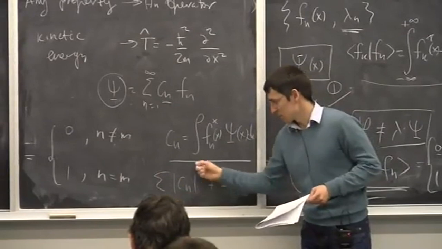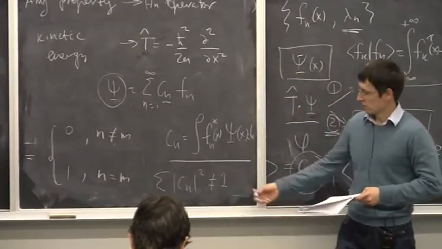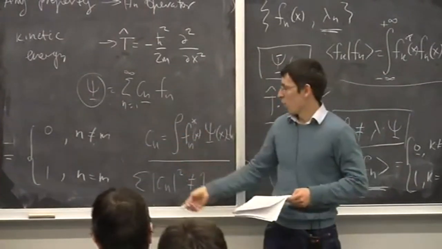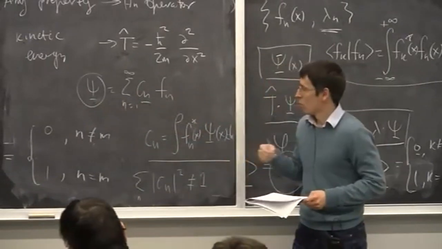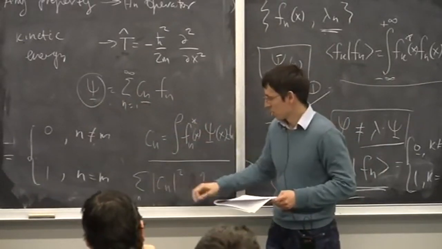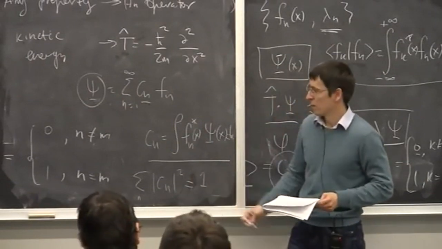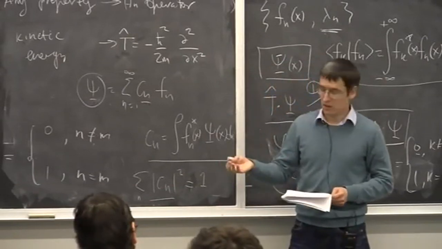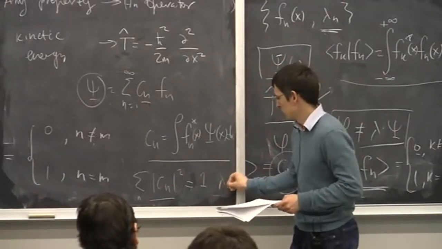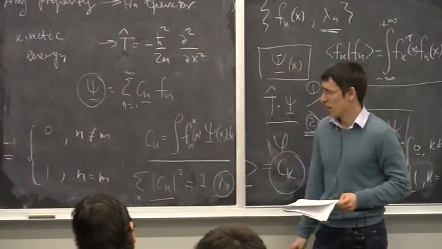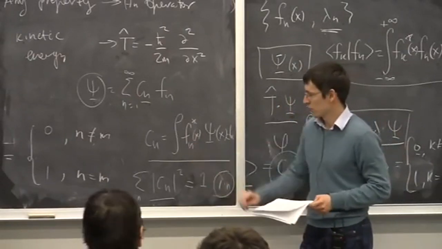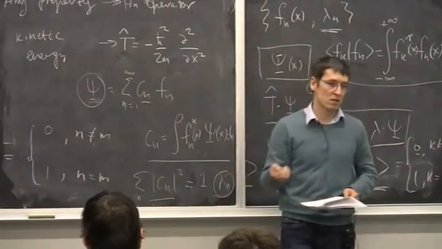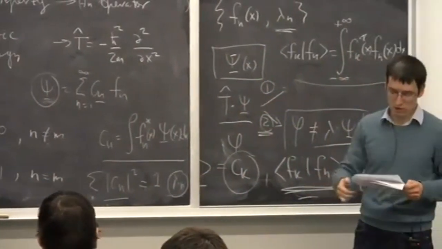So they cannot be considered as probabilities. Only for a normalized function is the sum of the absolute squares of the coefficients 1. That's why, if we want to use the squared coefficients as the probabilities to find in an experiment the values corresponding to the eigenvalues for the functions, we need to make sure that the function we're dealing with is normalized.